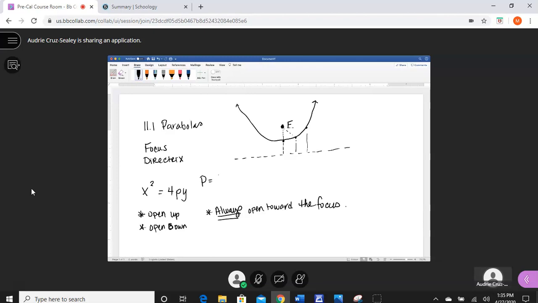P is the distance from your vertex to the focus. P is the distance from the vertex to the focus. And then remember, you are equidistant from the vertex to the directrix.